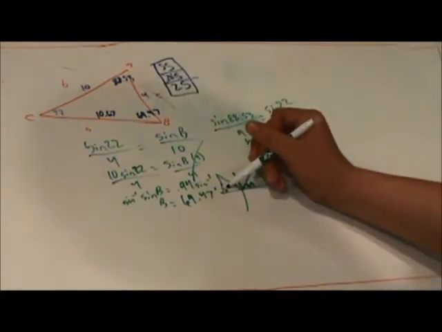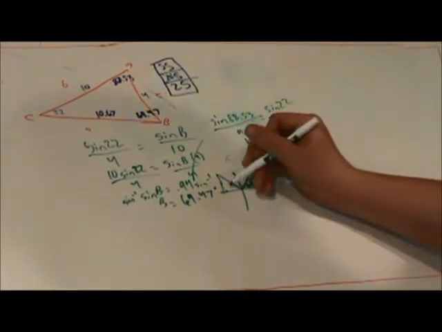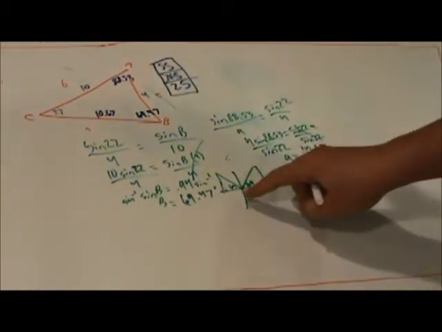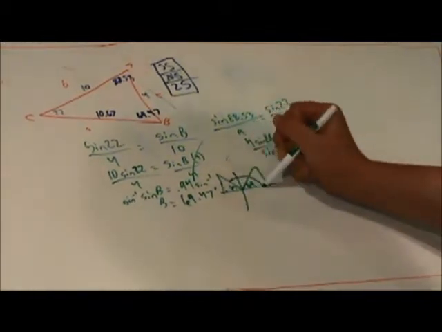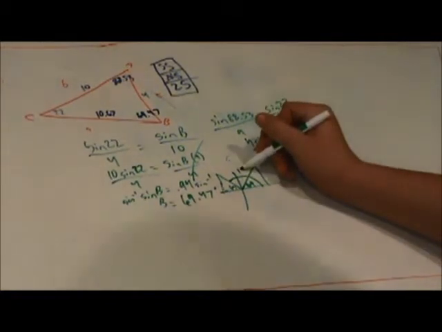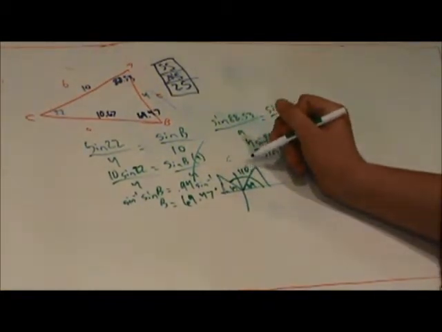So we do 180 minus the 69.47 and get this angle to be 110.53.